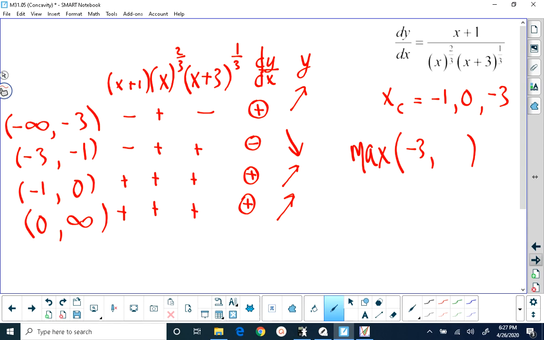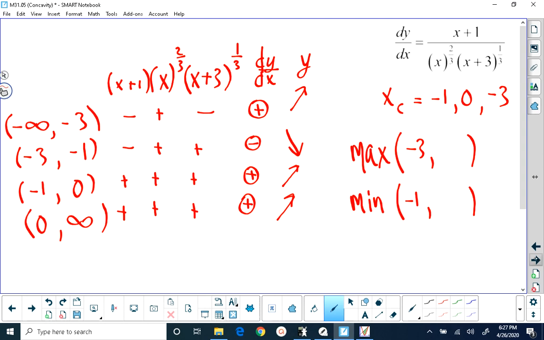Then the function is decreasing all the way up to -1, and after -1, it's increasing. Well, that must mean there's a minimum at -1 comma, who cares? This other critical point at x equals 0 didn't yield a max or a min. There's nothing there. Well, there's something there. We'll get to what it is when we take a peek at the graph later.